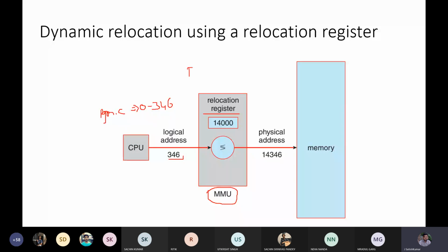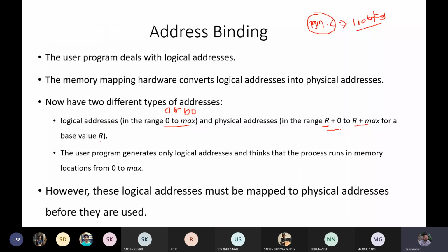We need to have a range. The available range R should be there. The physical address will vary from R plus 0 to R plus max. That's what we studied in the previous slide: 0 to max, R plus 0 to R plus max.